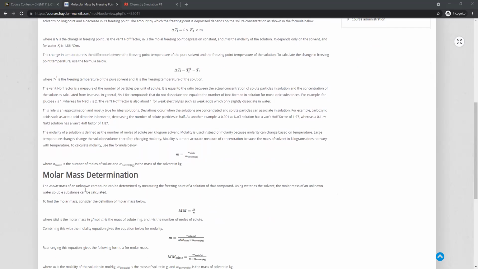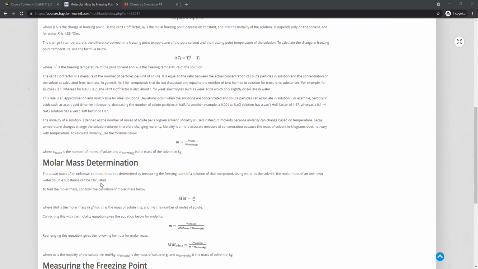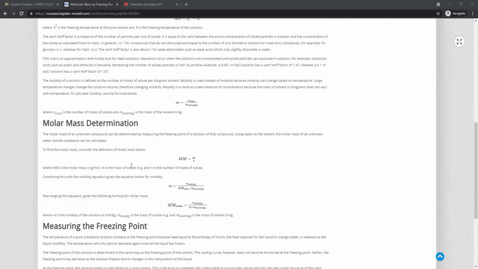We're also looking at determining the molar mass of an unknown substance. And you can determine the molar mass of an unknown if you measure the freezing point of your solution. So molar mass, hopefully you remember this from Gen Chem 1, is mass of solute divided by the moles of solute.